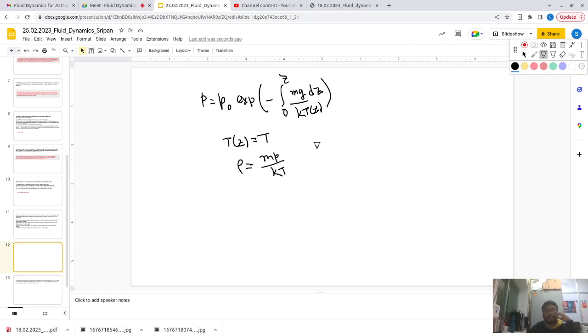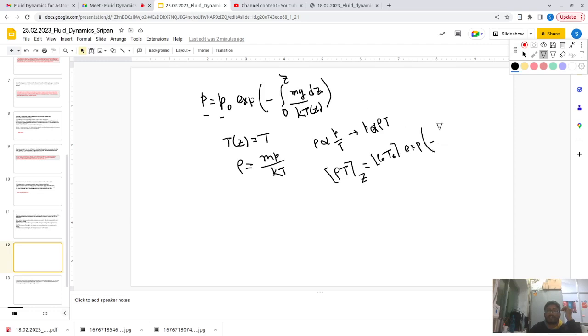Now if we change this, you have rho proportional to P by T. Again, it is better to use this because we have information about P, so P is proportional to rho T. So from P you can write rho T at z, this is at z height, equals rho naught T naught, for the more general case, times the exponential, again the same thing.